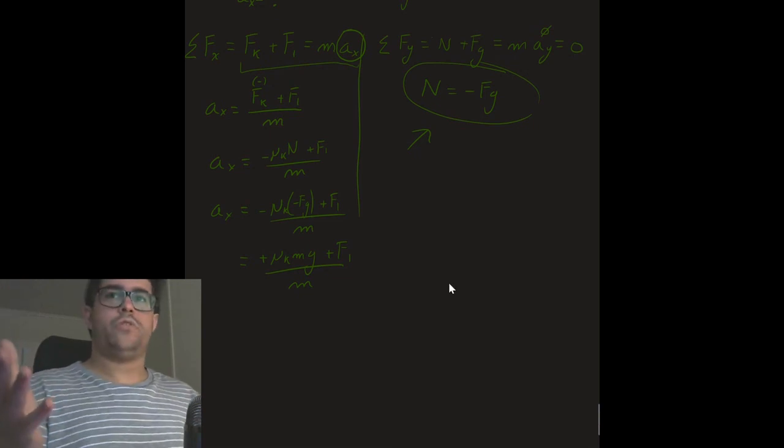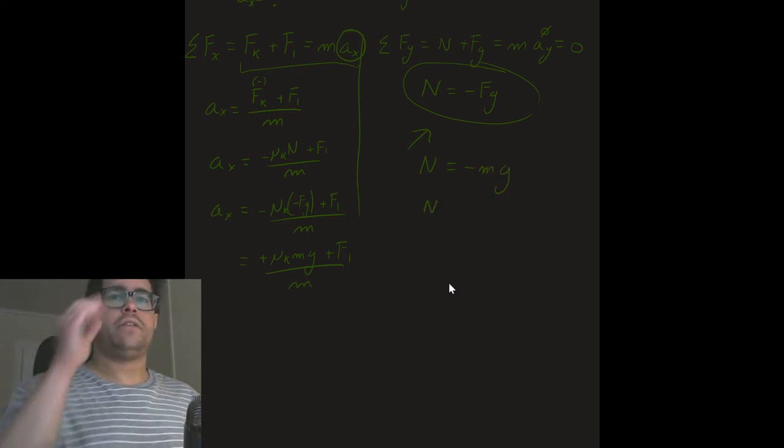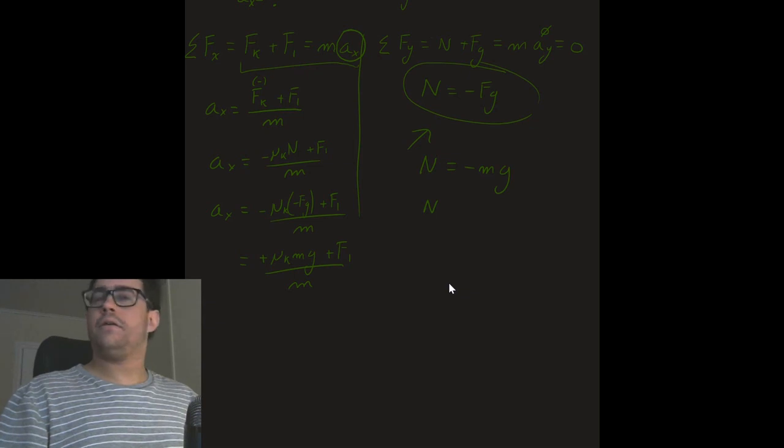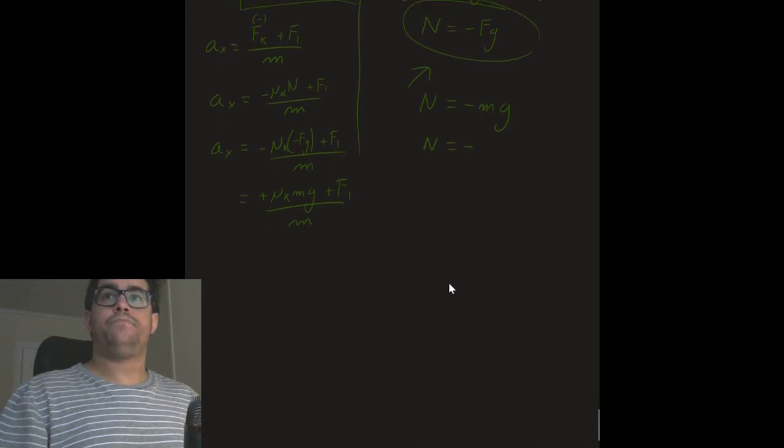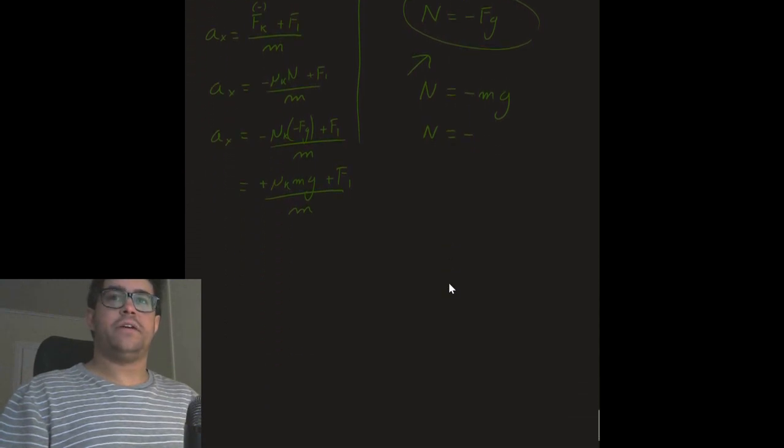Instead of doing algebra, what you could have done here on this side is calculate what you can calculate. So if Fg is mg, you have m, you have g. M is 200 and minus 9.8.